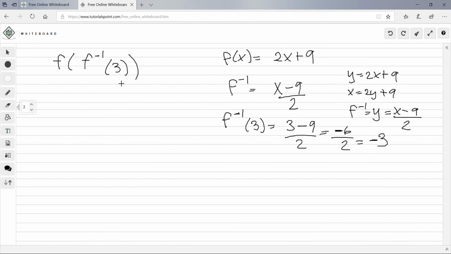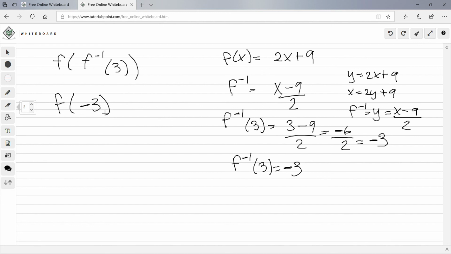So we know that f inverse of 3 is negative 3. Okay, so now we just got to put that into the function f.